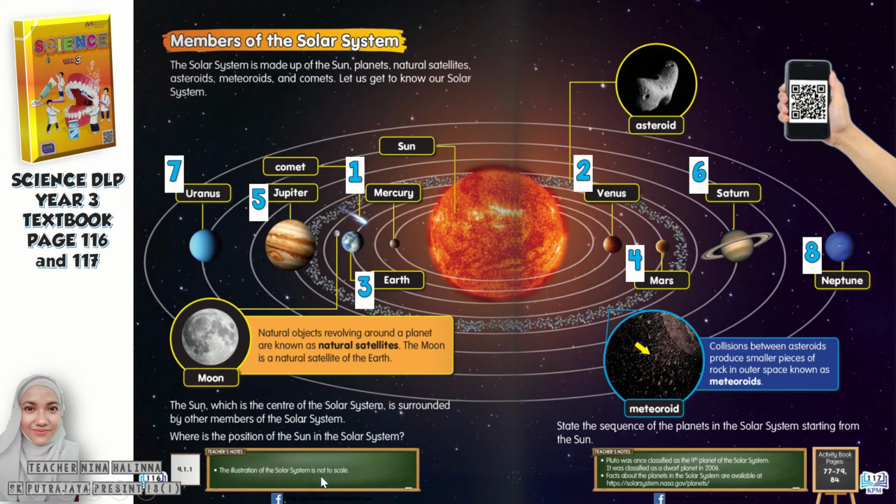And what it means that it is not to scale, it means that the sizes are not actually in proportion to each other. That means maybe in real life the sun should be bigger compared to Mercury or something like that.